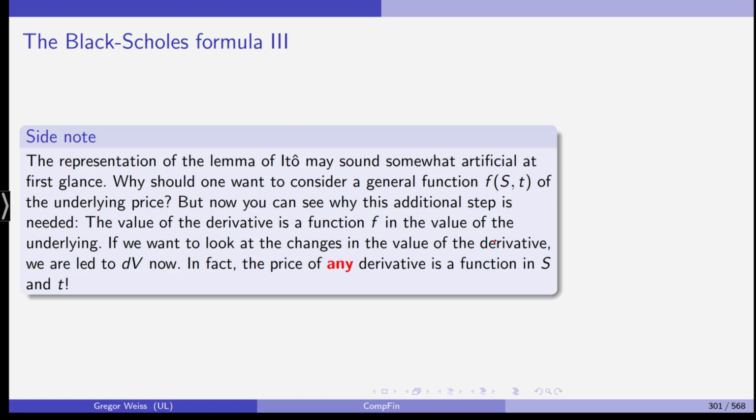And the nice thing now is that we can use this model to price any derivative, any function in S, in the underlying price. And this is also one reason why the Black-Scholes model can be applied, in theory, to any type of derivative, not only stock options, but any derivatives.